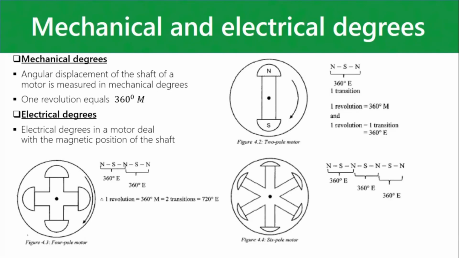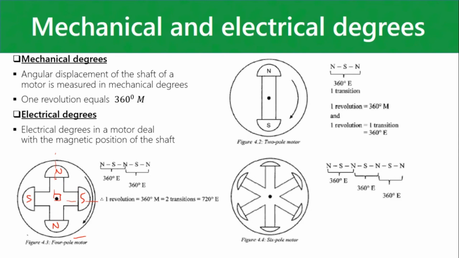So an angle, let's take this 4-pole motor. For instance, this one, we can see north, south, okay, like that. You've got 4 poles. Now we can see, obviously, from the drawing that the mechanical degrees between 2 adjacent poles is 90 degrees.